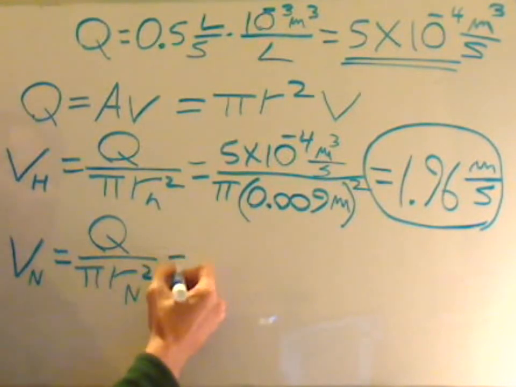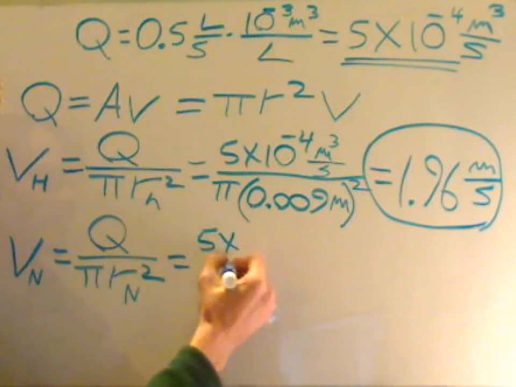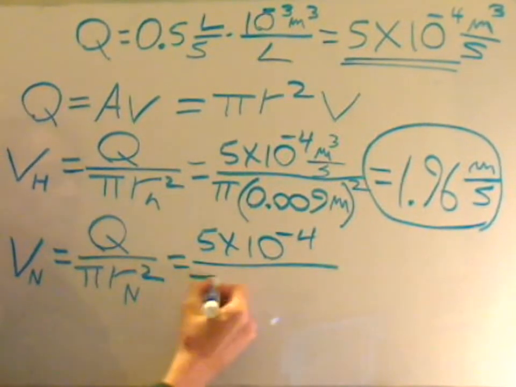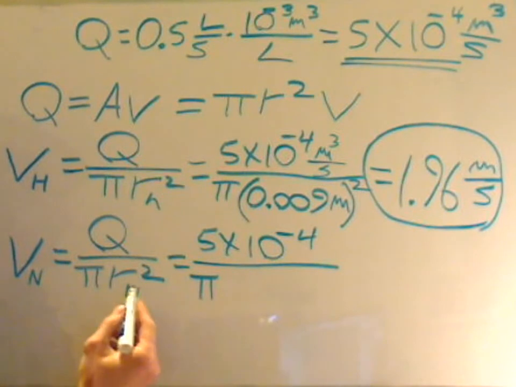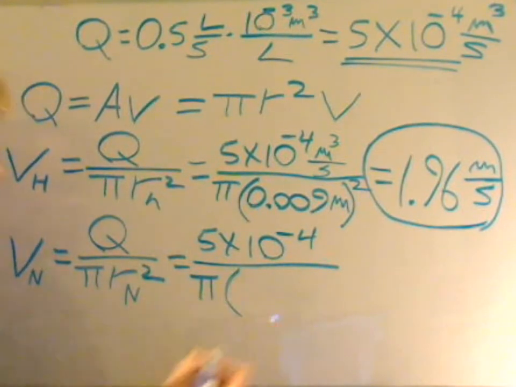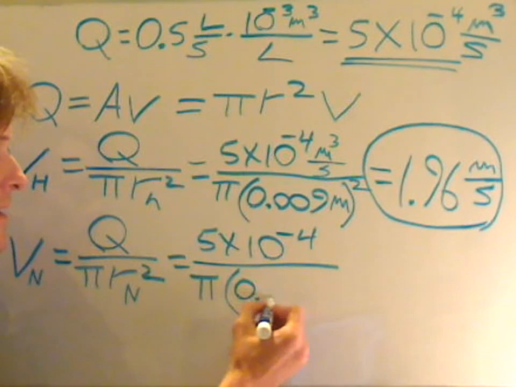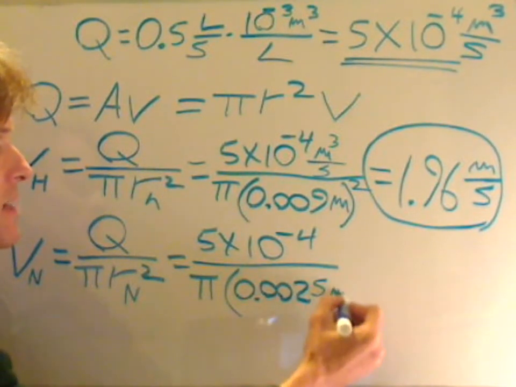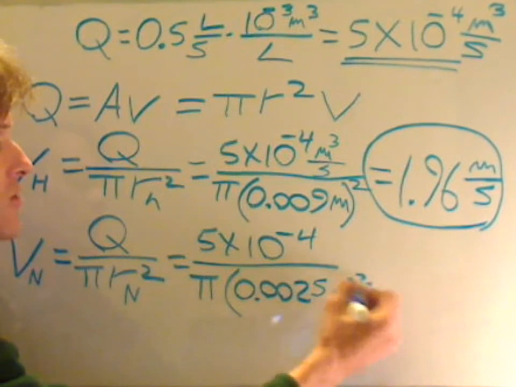The flow rate is the same in the nozzle, 5 times 10 to the minus 4, divided by pi, divided by the nozzle radius squared. The nozzle radius is 0.25 centimeters. In terms of meters, that's 0.0025 meters. And don't forget the squared here.